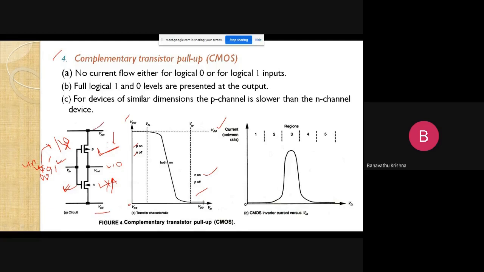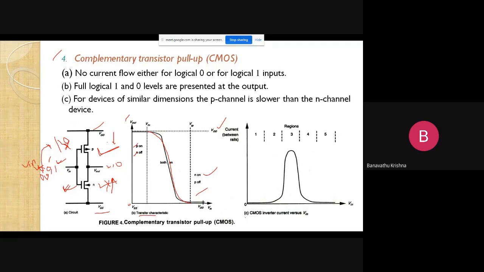Then we expect the maximum amount of current to flow through these devices, right? So both are going to be on. But in the other case, the output response slowly drops from VDD to 0, right? And this is the transfer characteristic graph here.